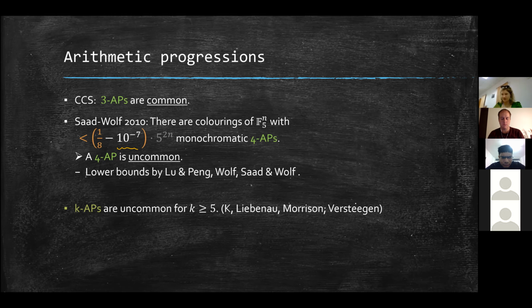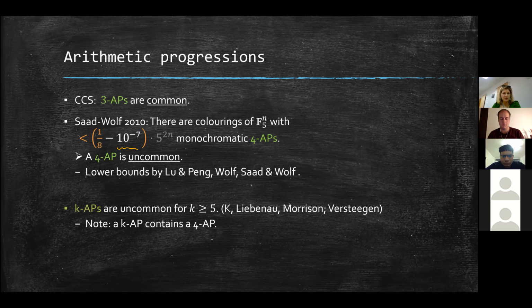This is reminiscent of the result of Jagger, Stovicek, and Thomason for graphs. But there's another parallel with that. Note that a K-term arithmetic progression contains a 4-term arithmetic progression, and this was all that we used in our proof.